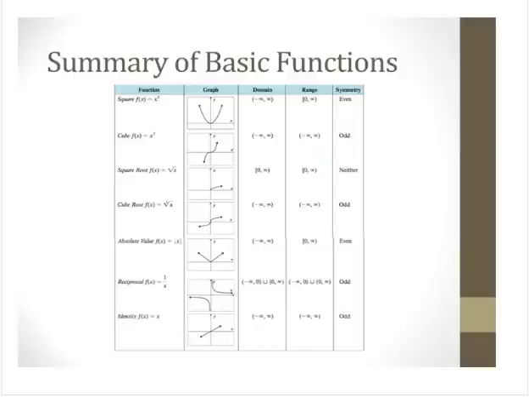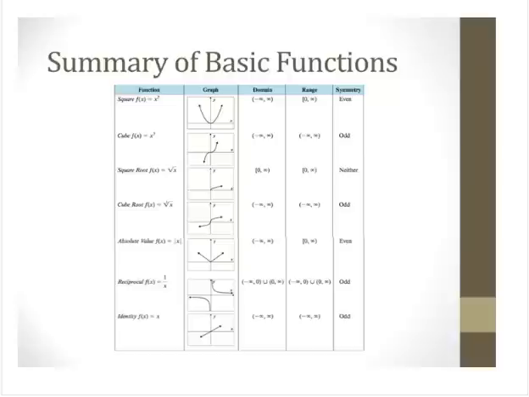Alright, so here's the summary of those basic functions that we've discussed so far. And I just took this right out of our textbook from section 3.1. So this summary gives the function, its graph, the domain, the range, and the symmetry, if it has any symmetry.